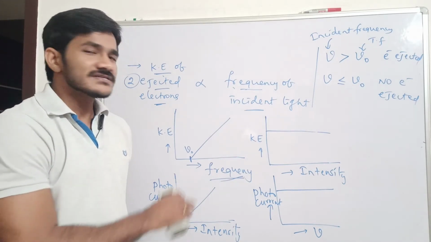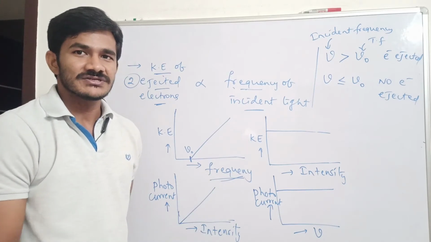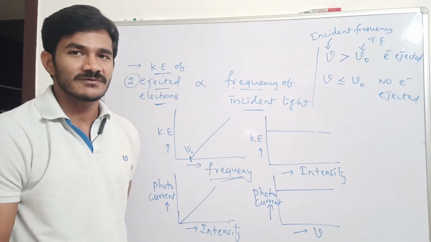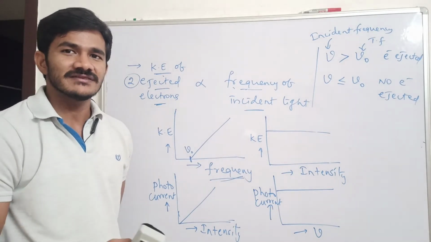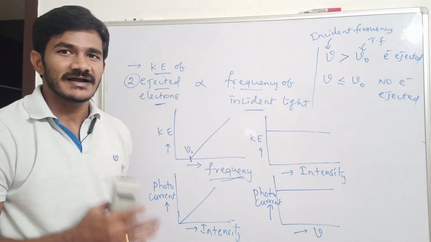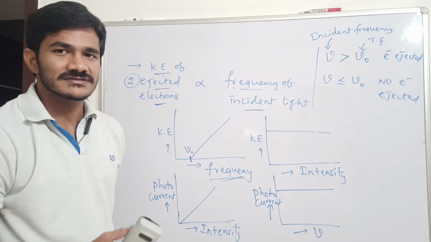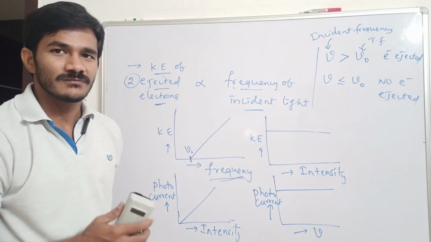Based on all this, particle nature, wave nature, the Rutherford model and Thomson model, another scientist named Niels Bohr gave the structure of an atom for the hydrogen atom. Let us see what is Niels Bohr's theory, or Bohr's model of the hydrogen atom.